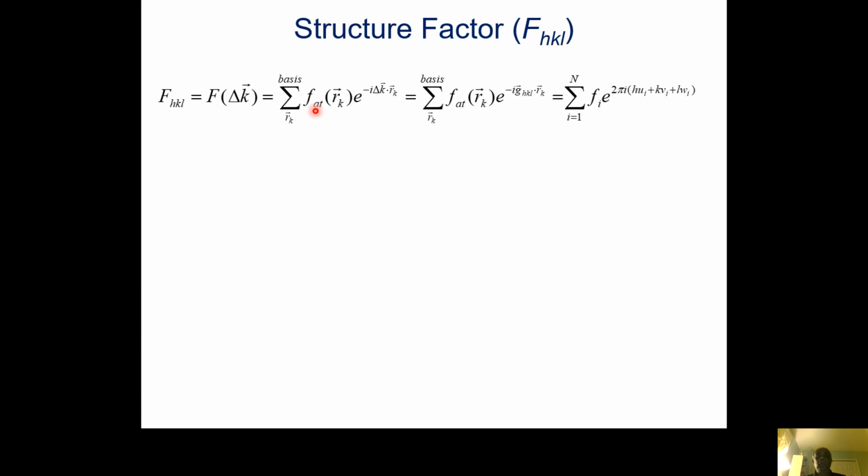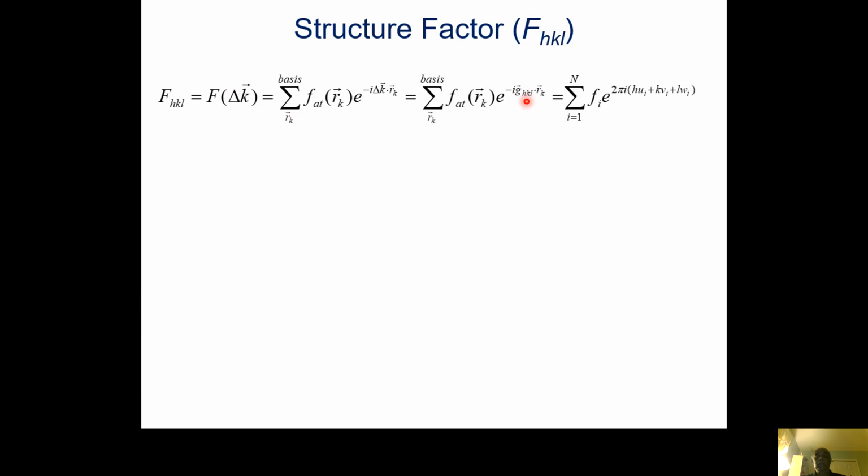Then we have something called the atomic form factor we introduced. Then we have this exponential term, e to the minus i delta K dot R_k. Remember delta K is K minus K prime. R_k is the position of each basis atom in the unit cell. We know for the Bragg condition delta K is nothing but G_HKL, the reciprocal lattice vector.